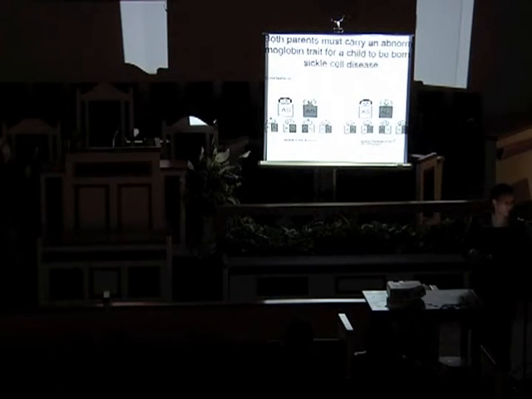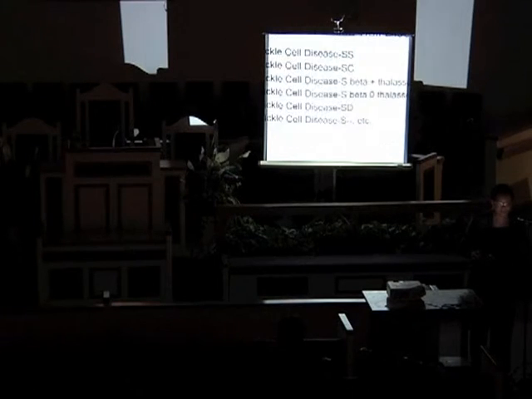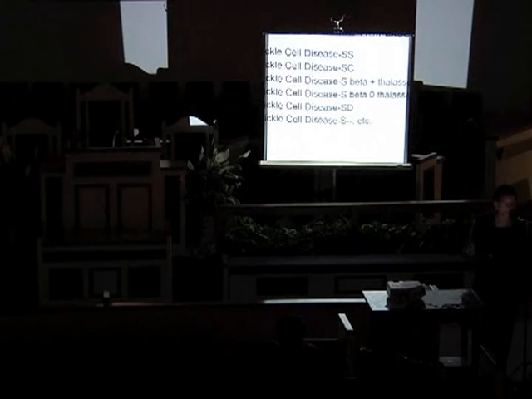I like to show this slide to show you that both parents do not have to carry the sickle cell trait for a child to be born with sickle cell disease. Most people aren't aware of that until they have a child with sickle cell disease SC or some other type of sickle cell. This shows you the variants you can get with a combination of your sickle gene.